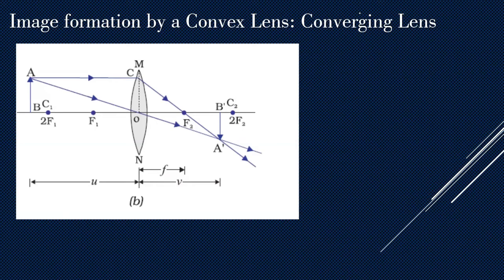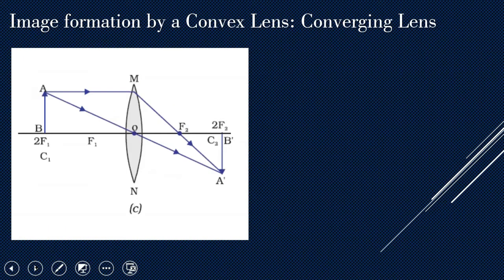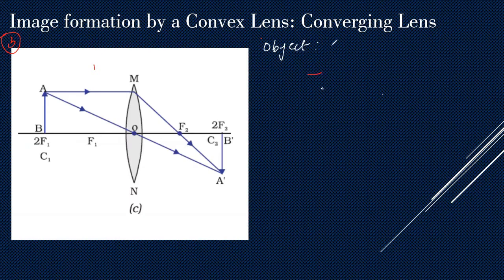Okay, let us move ahead. Now we come to our third position. What is the third position? The object is at 2f1. So that means this is at C position, right? At 2f1. Where is the image formed?